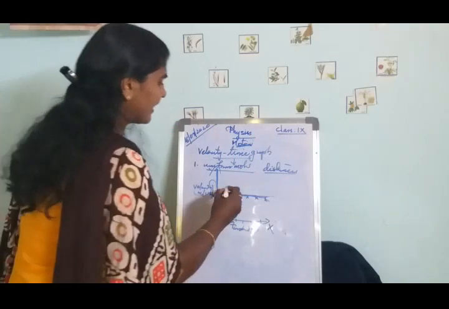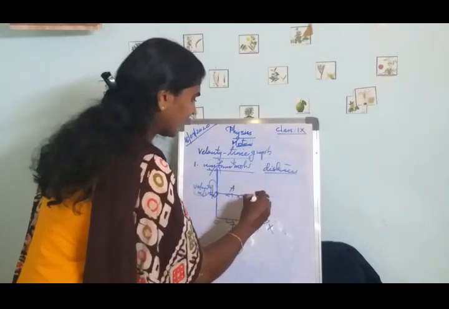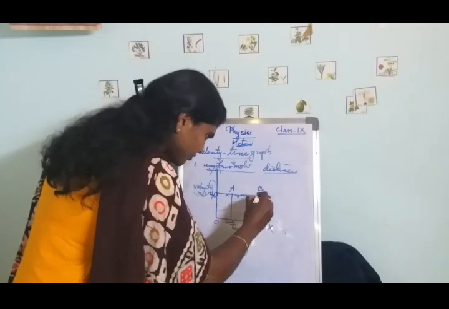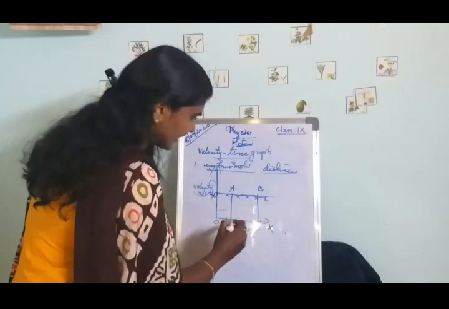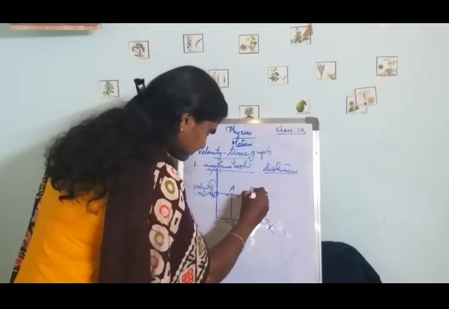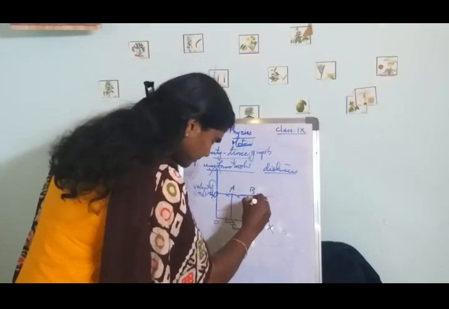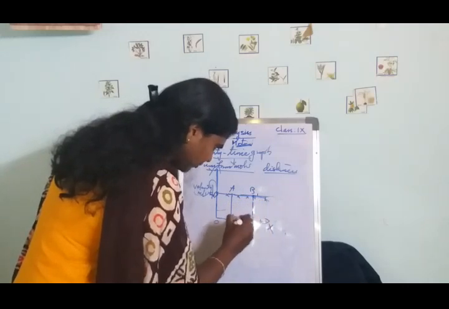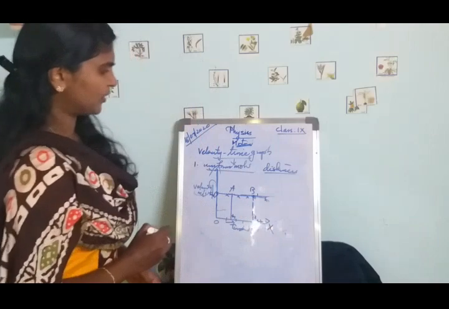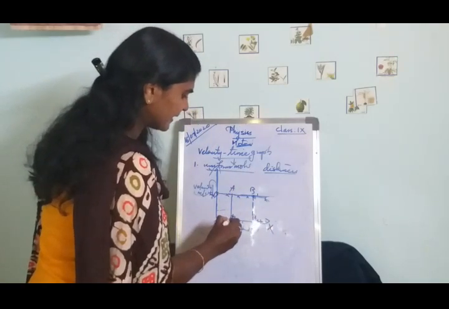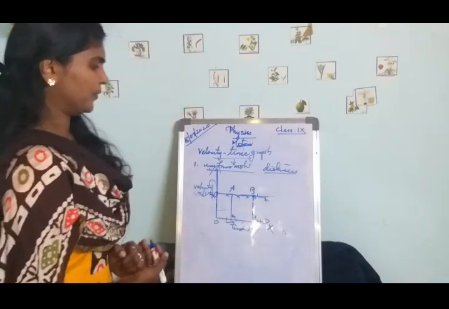Okay, and here we can represent 2 points A and B. Then we can draw perpendiculars towards the x-axis, and they meet the x-axis at T1 and T2.